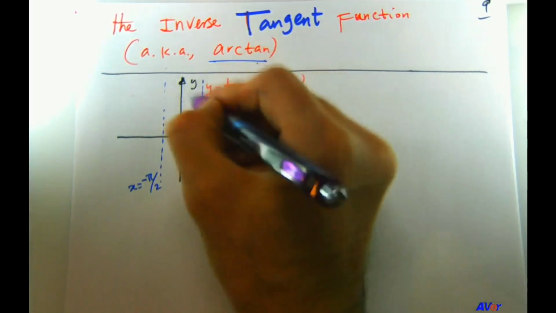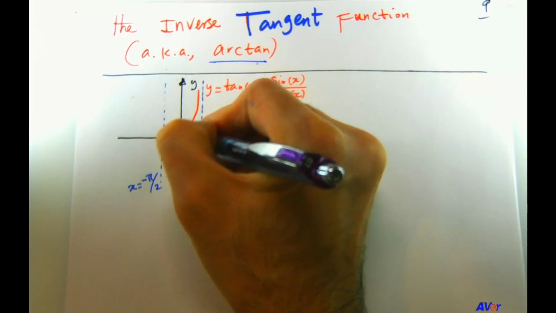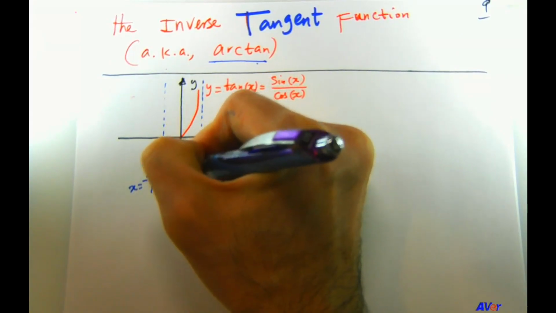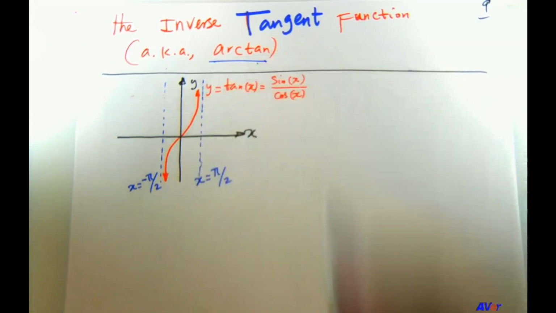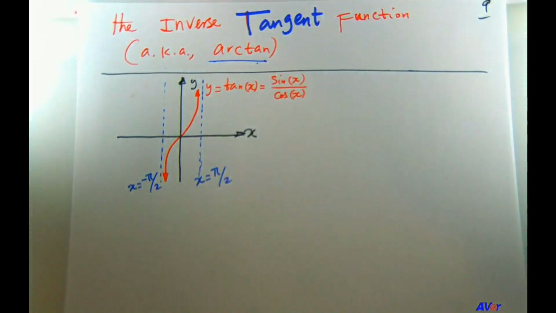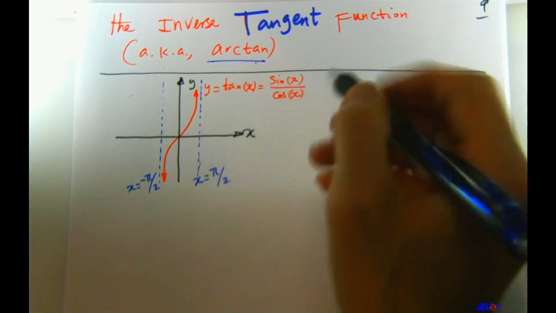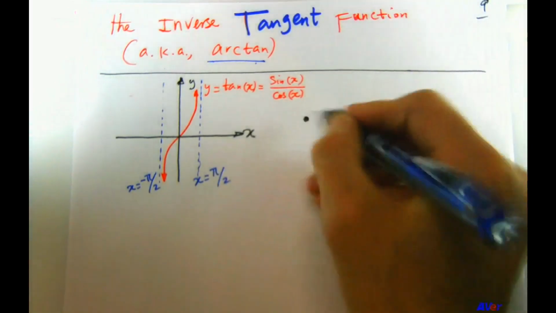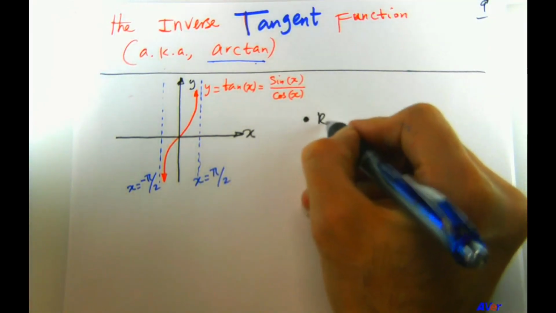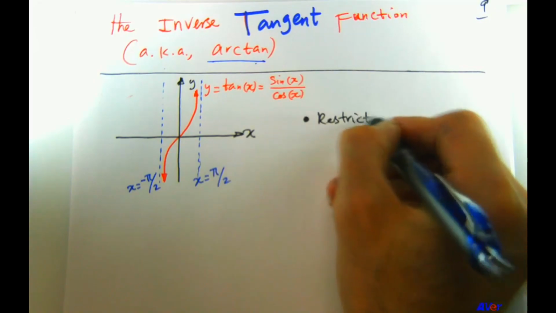And the graph was like this. Here we decided to restrict the domain to negative pi over 2 to pi over 2, right?